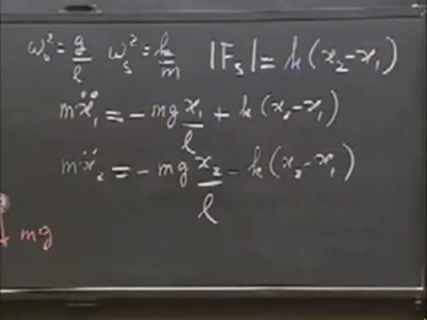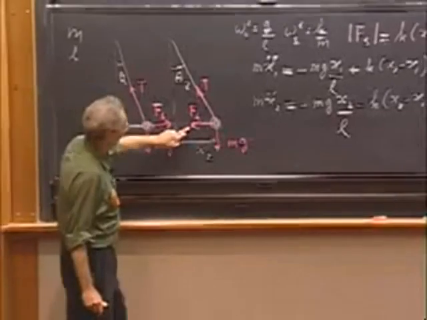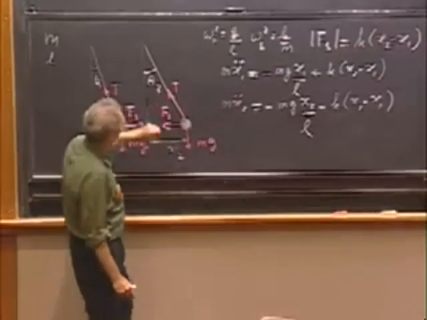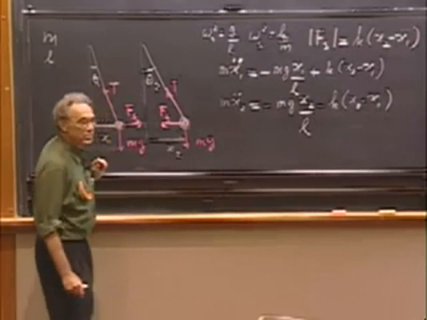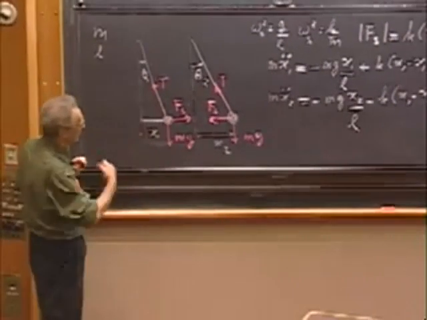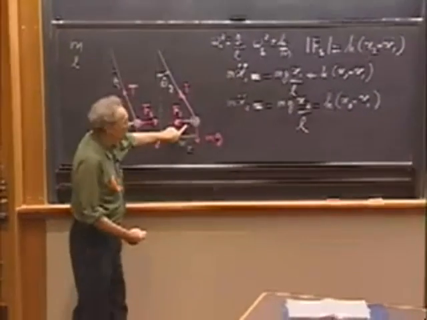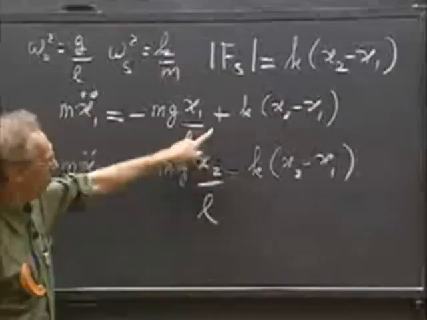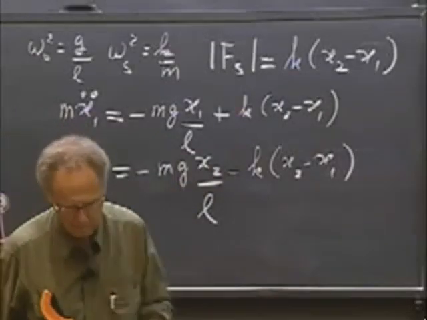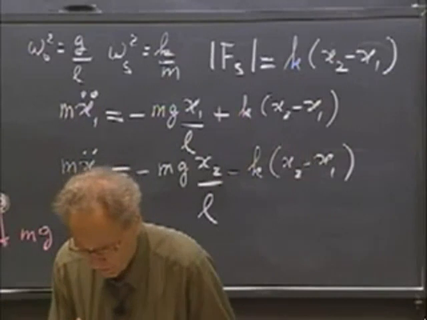So are you okay? So this is fine. This one has the restoring force due to the pendulum, which is T sine theta 2, negative sign, and the restoring force of the spring, always opposite this one. I'm happy.